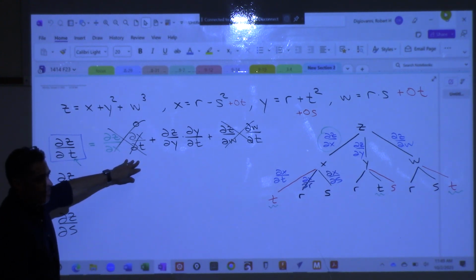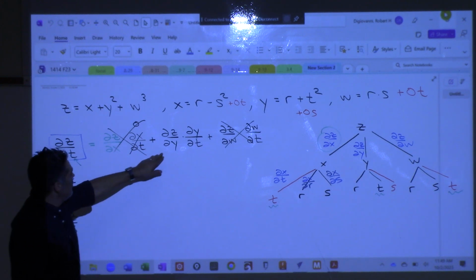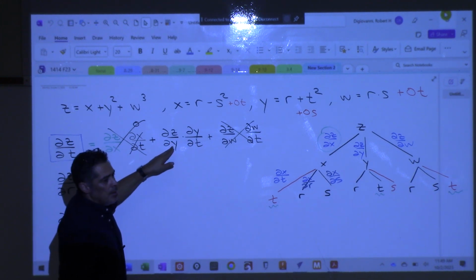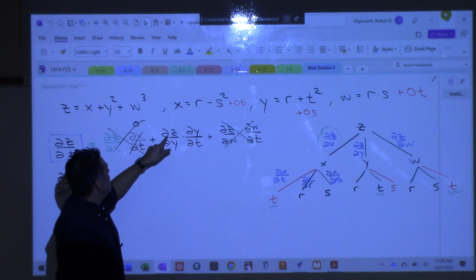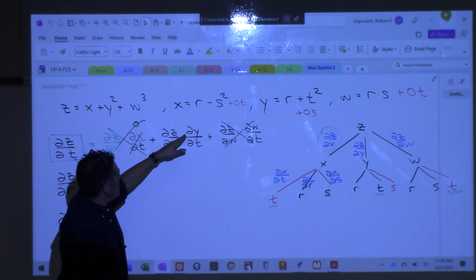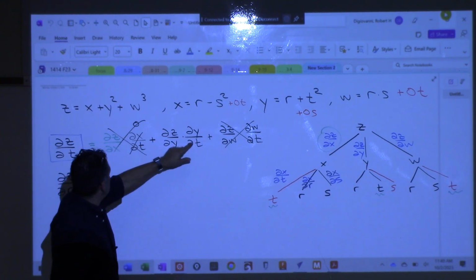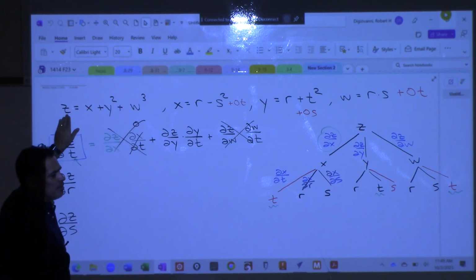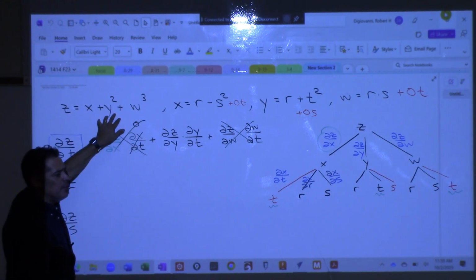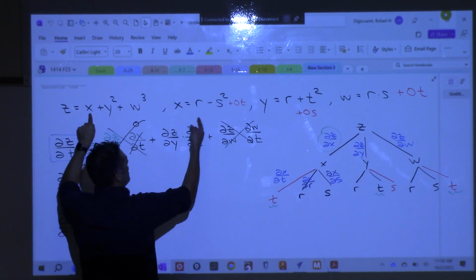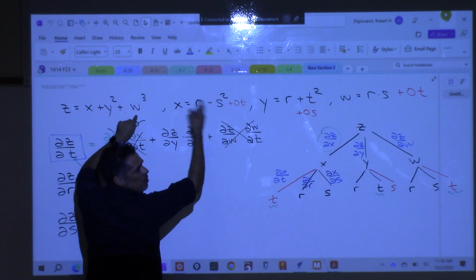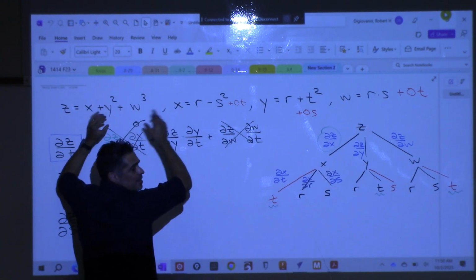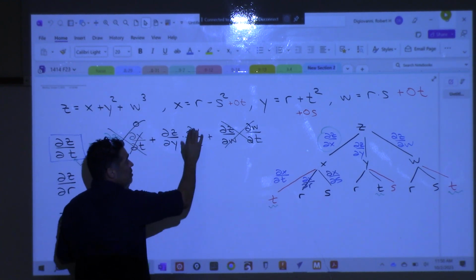Can you, for example, on the middle one, cancel the y's and get partial z with respect to t? Well, if you cancel these, you're saying partial z with respect to t. Now you're coming back over here and saying, what's the derivative of this with respect to t? You don't see any t's here, right? Because you would have to first replace x with this, y with that, w with that, and then you would have t's in here. Okay. So no, don't cancel these.